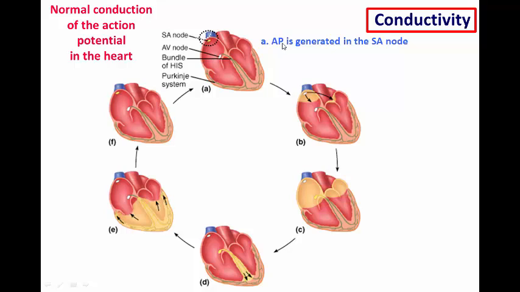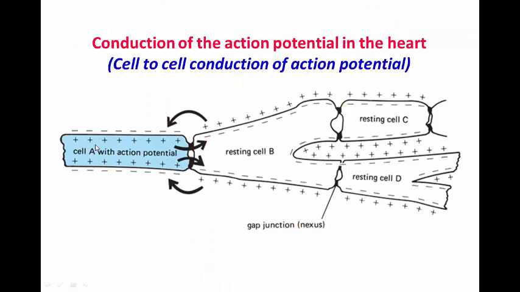The type of this action potential is a slow action potential, and the sinoatrial node generates this action potential spontaneously because of the decay in the pacemaker potential. Then the action potential propagates through the intercalated discs.